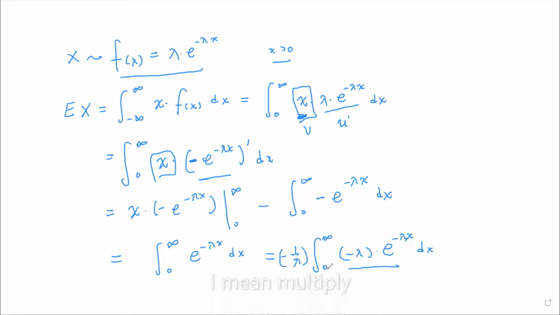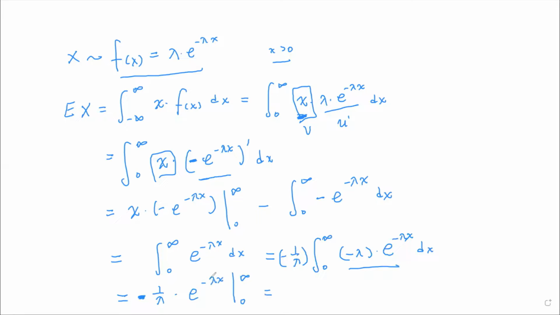Okay, so I'm not doing anything, I'm just multiplying by 1. The equation will still hold. Now, I have a negative 1 over lambda. Don't be afraid of this negative sign, because eventually it will get canceled out. And I have e to the negative lambda x from 0 to infinity.